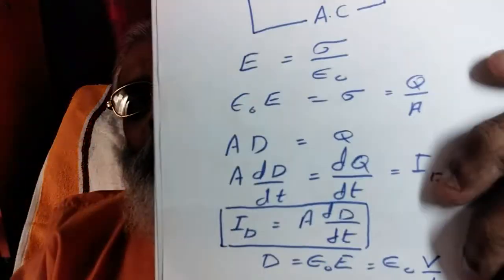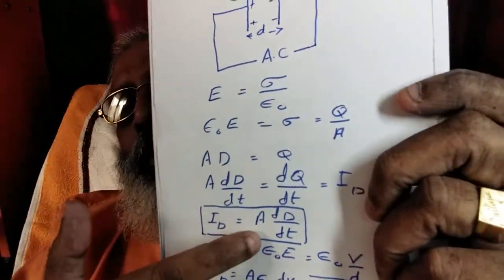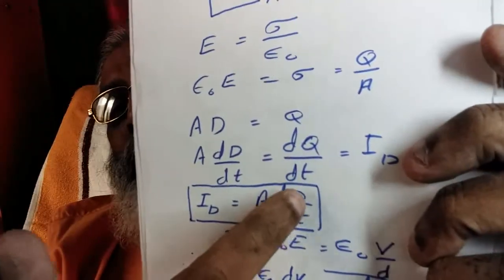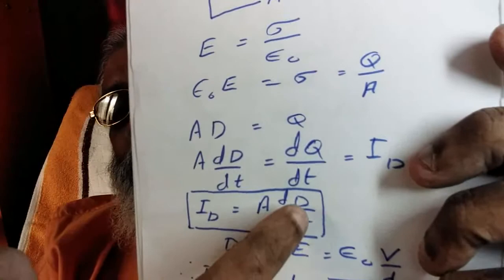Displacement current is given by the area of each plate into the rate of change of electric displacement. Hence the name displacement current. This is caused by the changing value of D, the electric displacement.